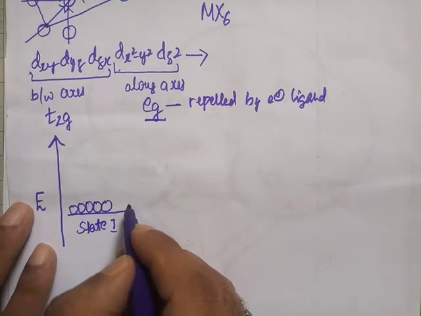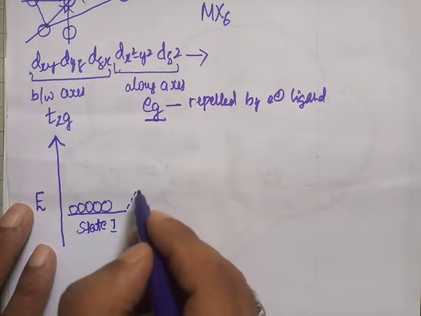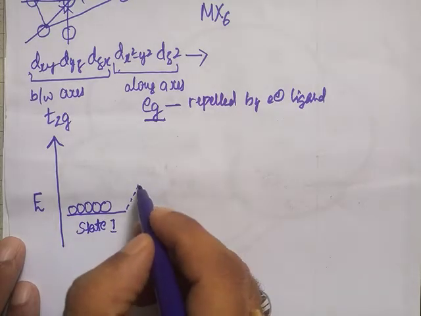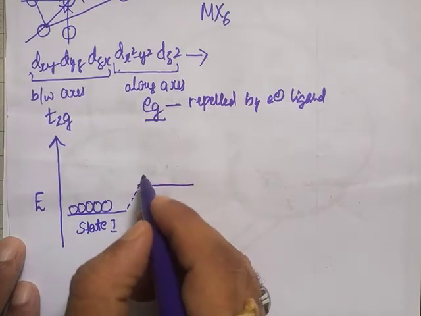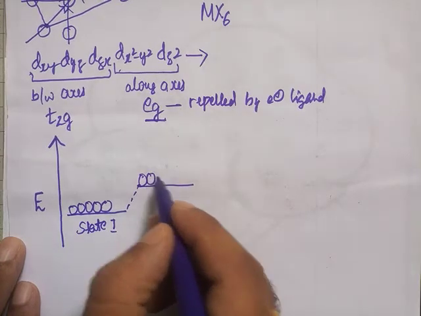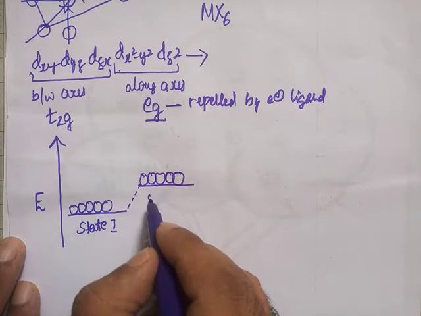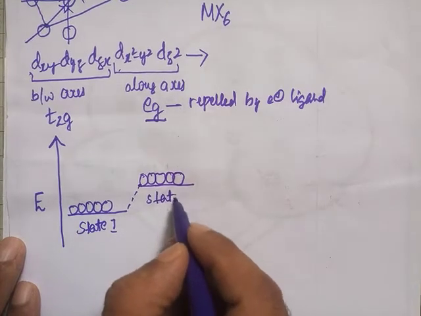If you assume the negative charges of the ligands affect the electrons uniformly, the energy of the d orbitals will rise. Let us assume this as state 2.